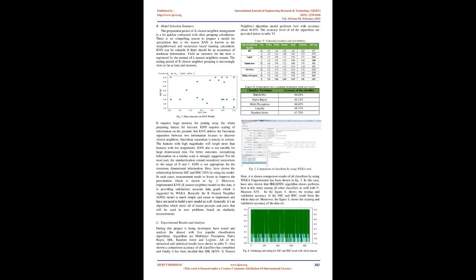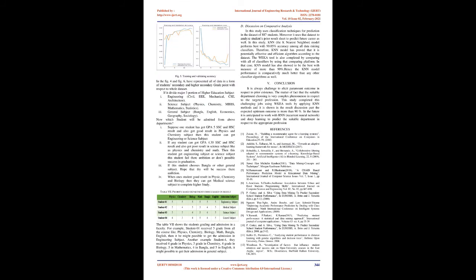Here, the comparison results of all classifiers using the WEKA experimenter are shown in Figure 3. In this case, we have also shown that the IPC, KNN algorithm performs best in this study among all other classifiers, with an F-measure of 82%.